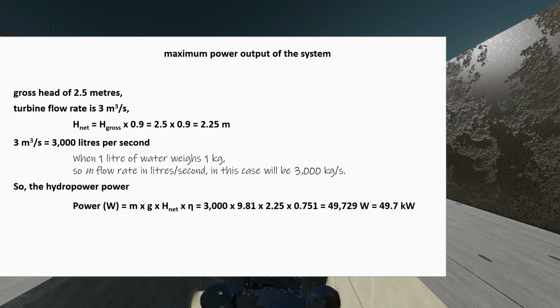Power equals mass flow rate multiplied by gravitational constant, multiplied by net head, multiplied by component efficiencies, equals 3000 multiplied by 9.81, multiplied by 2.25, multiplied by 0.751, equals 49,729 watts, or 49.7 kilowatts.